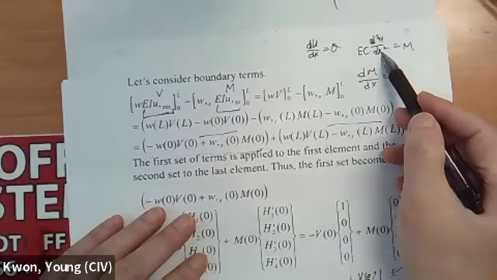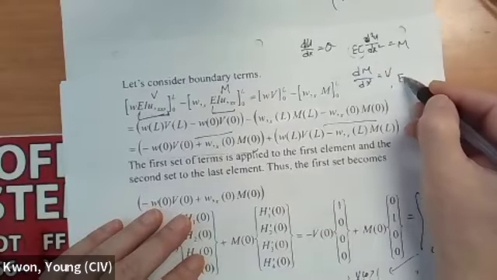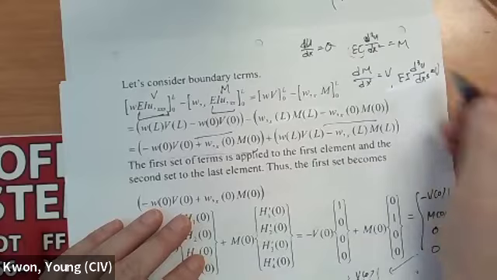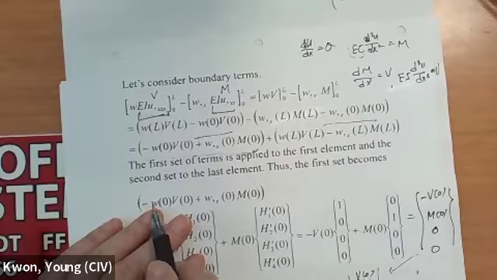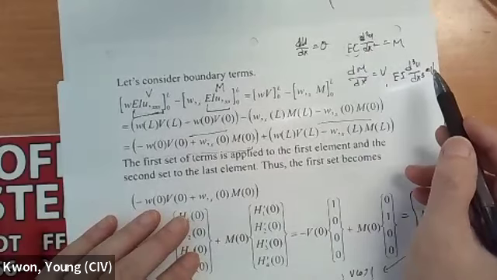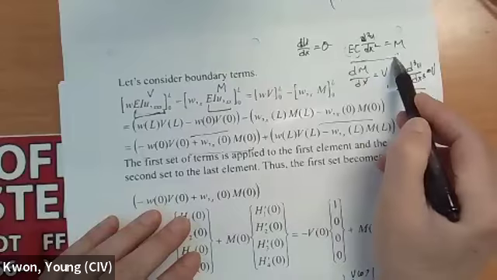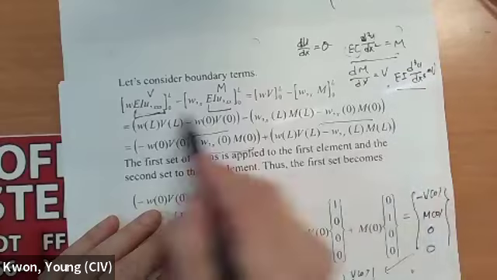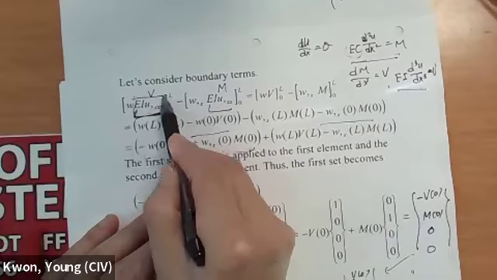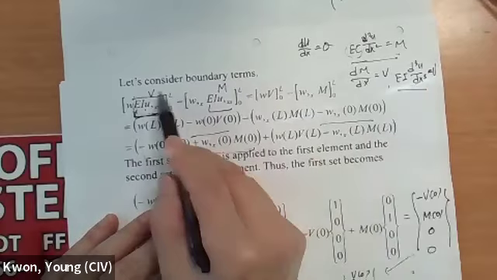So plugging this one into here, assuming EI is constant, that gives you EI times the third derivative, which is equal to the shear force. Where did that minus come from? It's like those two terms are being subtracted from each other. This one, on the top left of the page. Yes, this whole thing, EI third derivative is shear force.